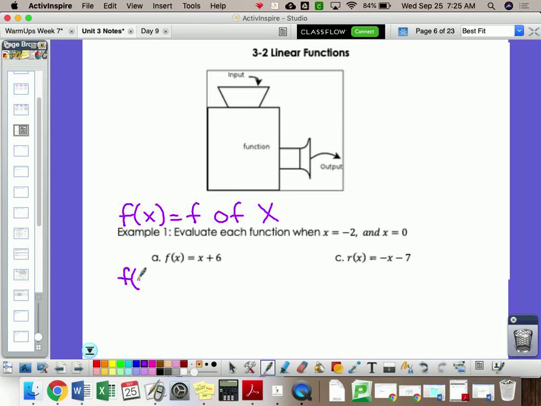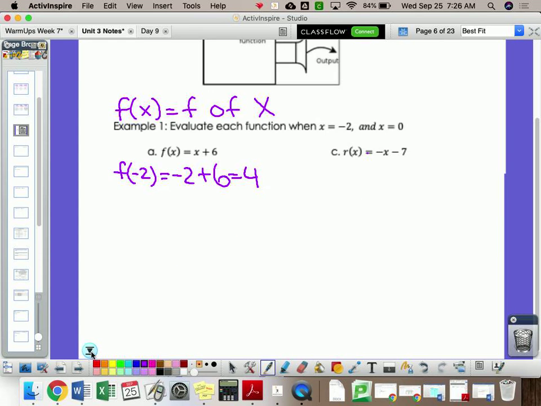So I can plug that -2 in where this x was right here and where this x was right here. So when I solve this, -2 plus 6 gives me a +4, which means that f of -2, so this function, when x was -2, equals +4.